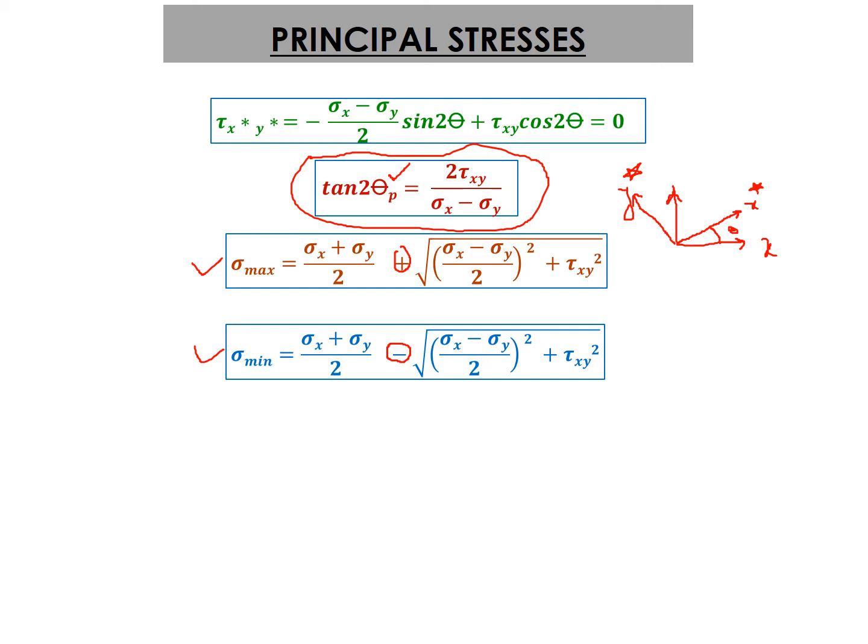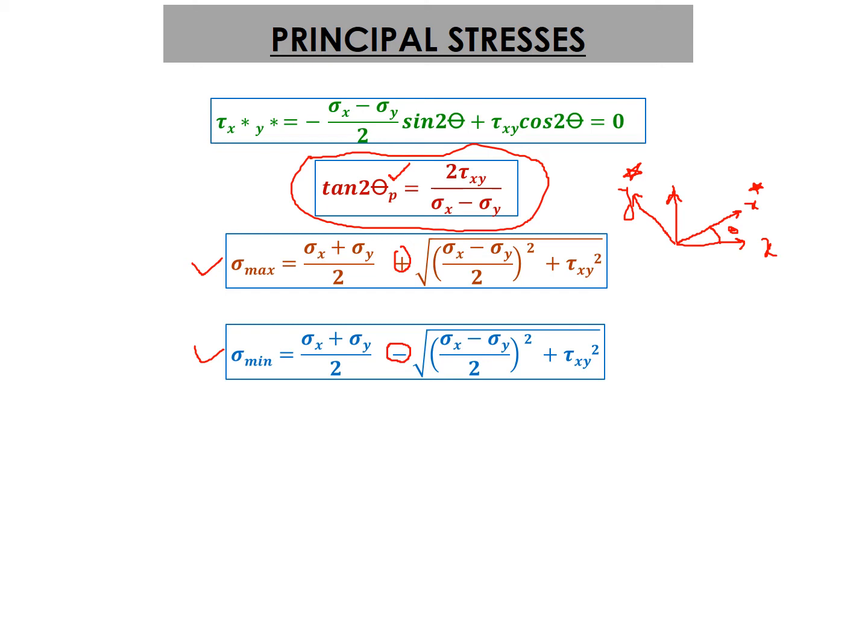So once again, summarizing: we started with an element at which we can find the normal stresses and shear stresses along the x and y axis. Then we rotated those x and y axis to some new location, shown by a superscript star, and at those axes we have obtained generalized equations. You put in the value of theta, you will get the value of normal or shear stress.